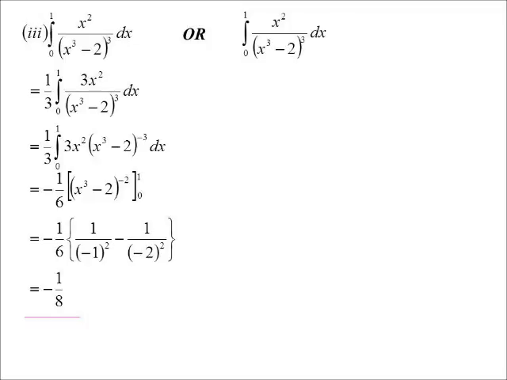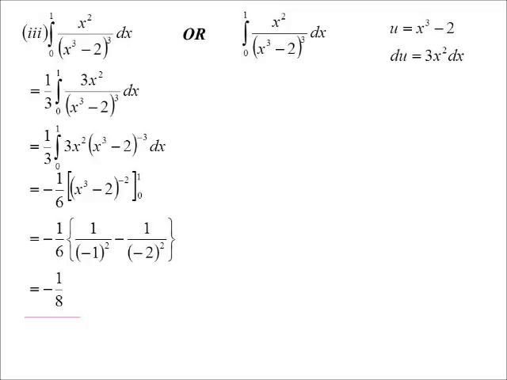Now if we did this one by substitution, the way we would do it is we'd say, all right, let's make this a bit easier. Inside the grouping symbols, I've got x cubed minus 2, so I'm going to let u equal that. u is going to be x cubed minus 2. So du, notice I left out the middle step where I go du dx is 3x squared. I've just gone straight to du is 3x squared dx.